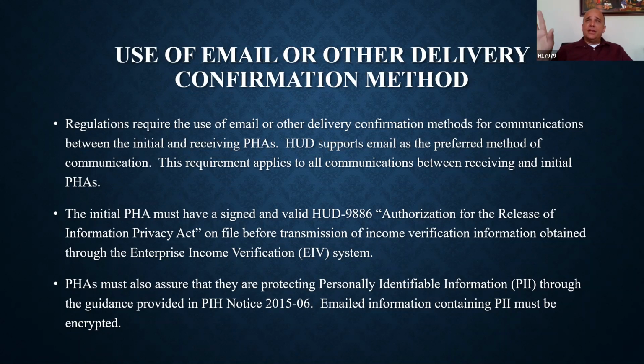So if you're an initial or receiving PHA sending information to the other PHA by email, you must assure that any information such as social security numbers, birth dates, income information, any medical information, might be present in the portability notice, perhaps because of some kind of a reasonable accommodation that was provided by the initial PHA. You've got to make sure that your email is encrypted. Unfortunately, we live in a world where email messages, no matter how much we think that it's safe, sometimes those emails can be intercepted by people who misuse that information.